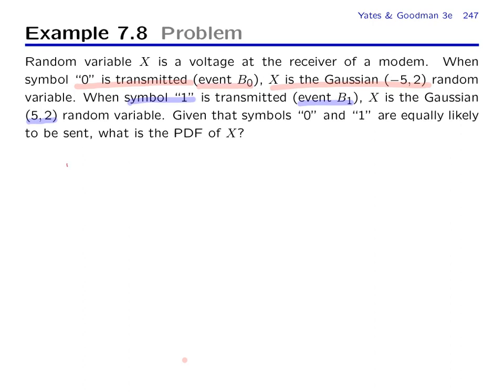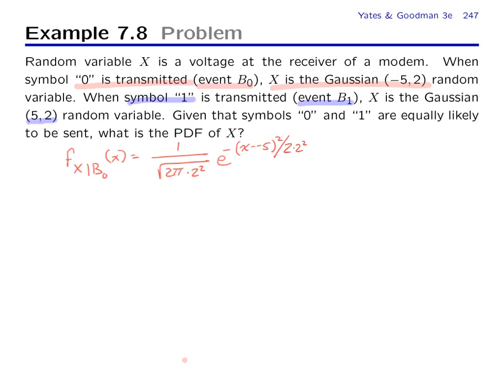From the problem statement, we have two conditional PDFs. The conditional PDF of X given B0, given that 0 is transmitted, is 1 over square root of 2 pi times 2 squared, where 2 is the standard deviation, e to the minus (x minus minus 5) squared over 2 times 2 squared.